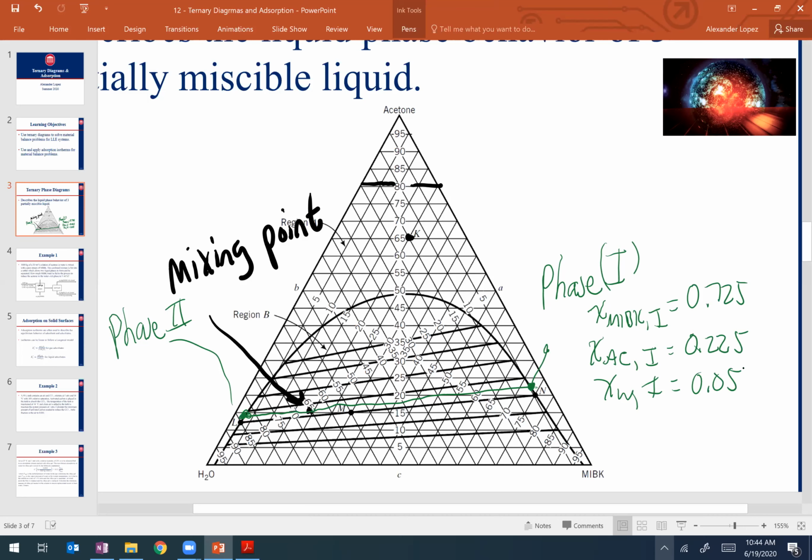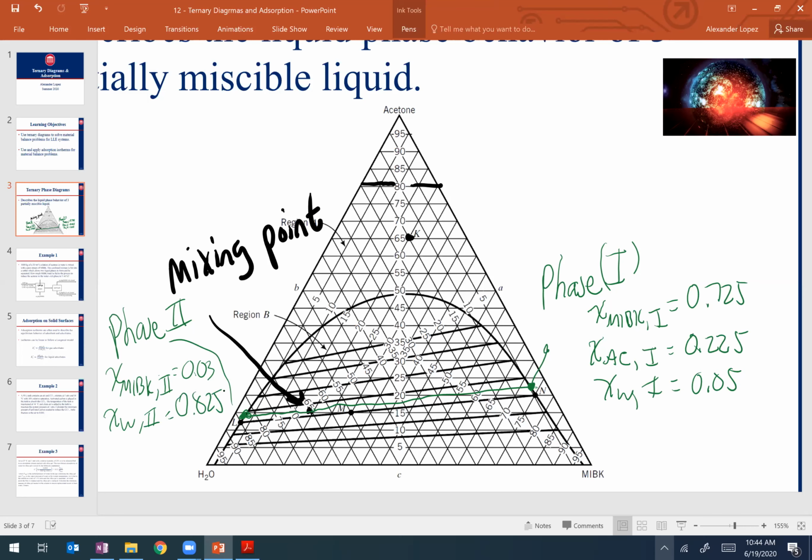For phase 2, my MIBK is really low. About 0.3%, maybe. Water is going to be the most in this phase, and it's going to be like 82.5.